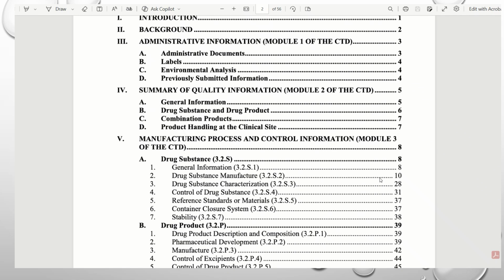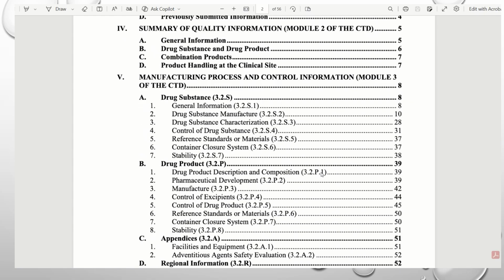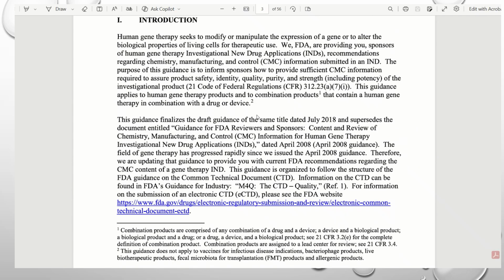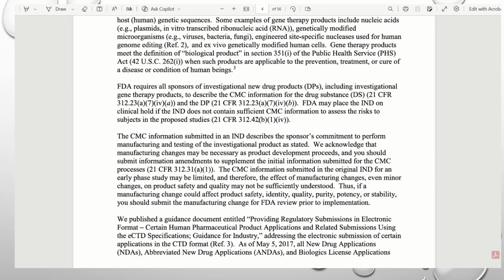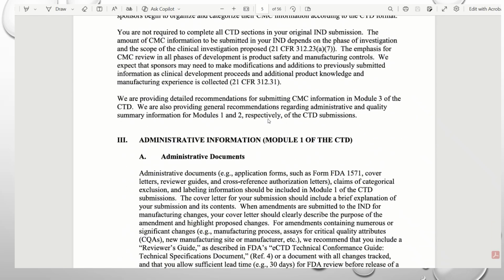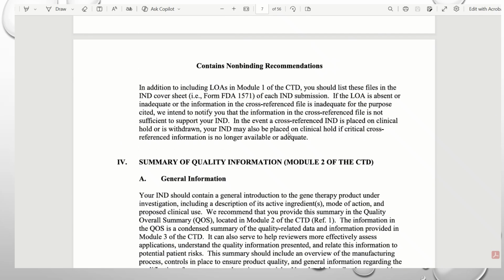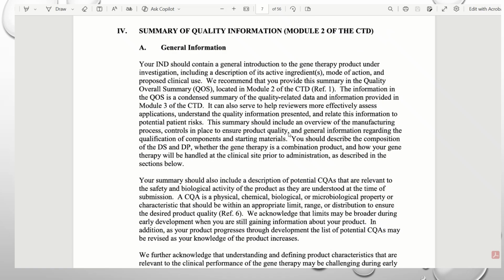And I just wanted to contrast the approach with regards to the dossier, the presentation of information, and with regards to the control of materials and what is what. So let's just quickly go through some things. I don't want to spend too much time on this. I just wanted to contrast the approach that they take for the presentation of information.